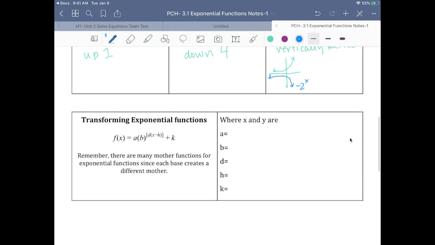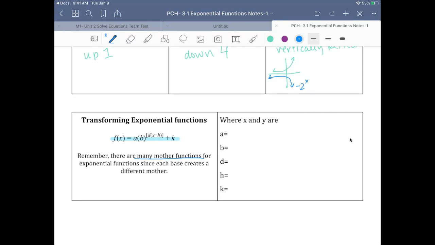Okay, so we have our function f of x is equal to a times b to the d times x minus h plus k. And remember that there are a lot of different mother functions because there's a lot of different bases we can use. So when you graph, you have to use your table based off of your base value to create your graph.